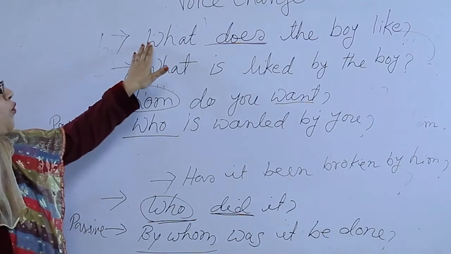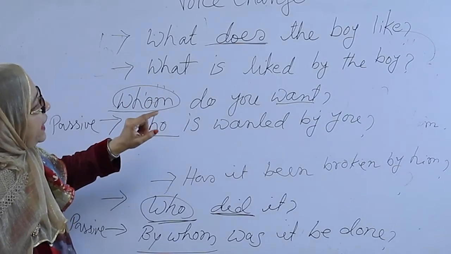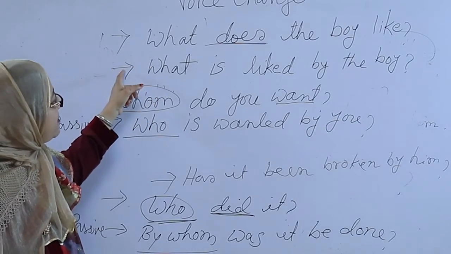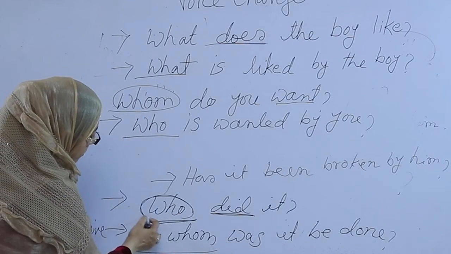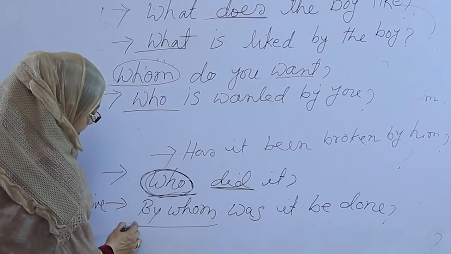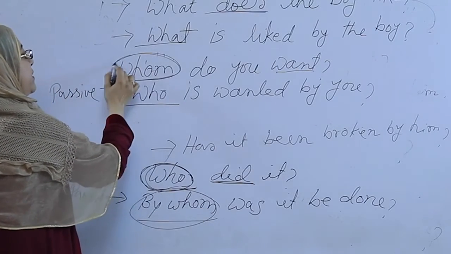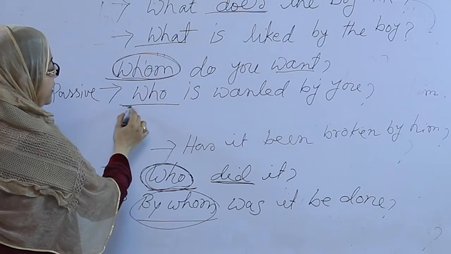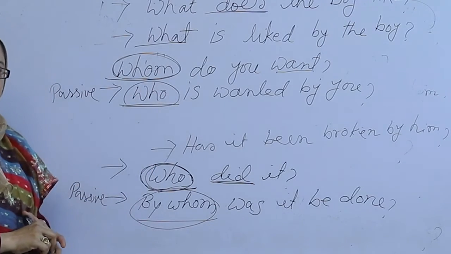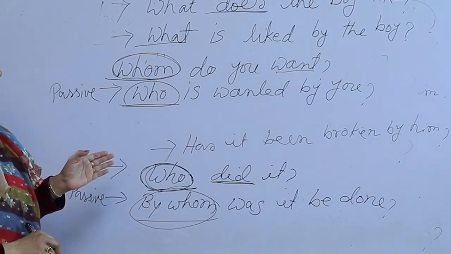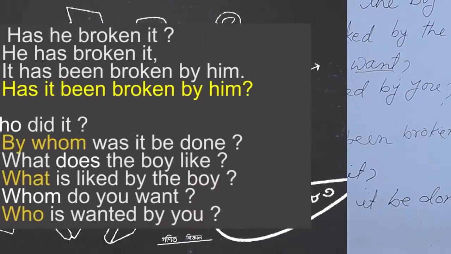But what, when we turn what does the boy like into passive, we do not change what. I only change whom and who. When I turn who into passive I use by whom, and in an active form whom when I turn it into passive I use who. So, is it clear to you? How can we change from active to passive in an interrogative sentence?